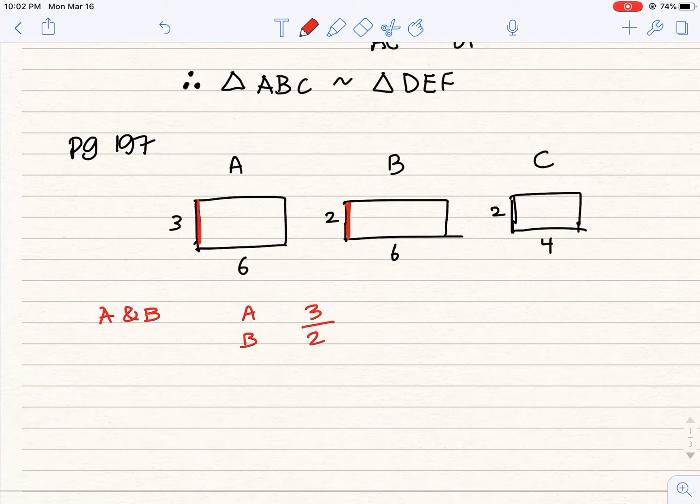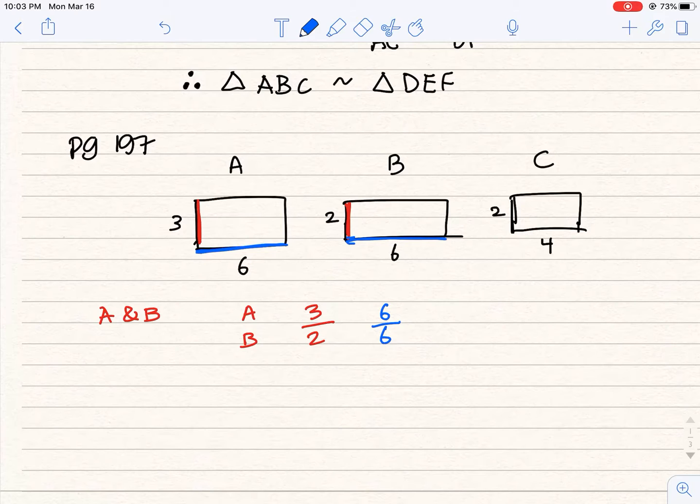And the second side, I'm going to look into 2. I'm looking at the sides first, or the length. And I am going to look into the width, which is going to be 6 and 6. Okay.